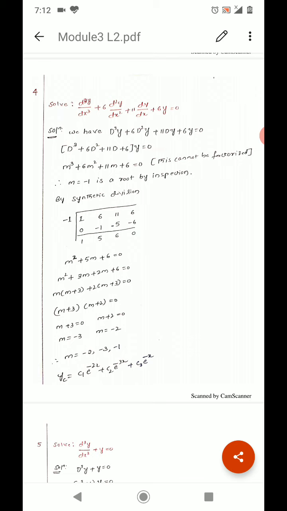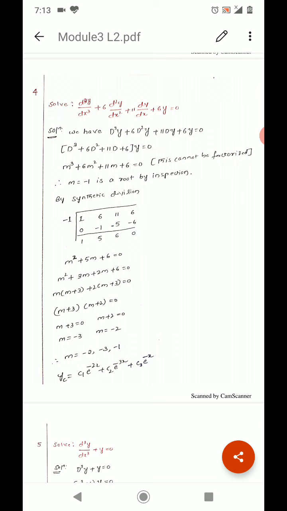First put 0 below the first term, that is 1. Adding these two terms 1 and 0, we get 1. Multiply this 1 with -1, we will get -1. So put that -1 below the next term 6. Adding 6 and -1, we will get 5. Now multiply 5 with -1, we will get -5.